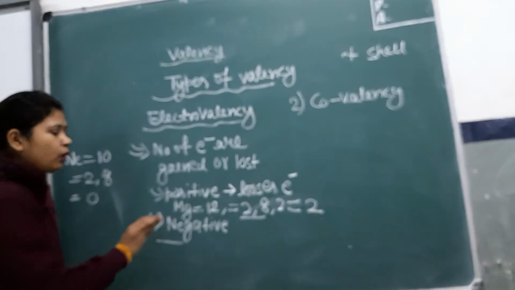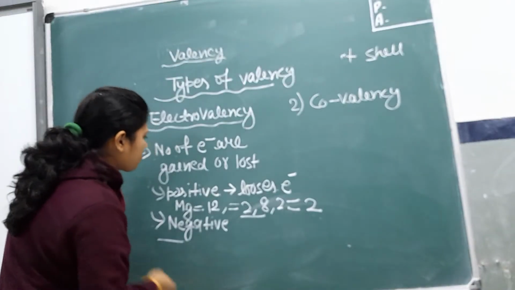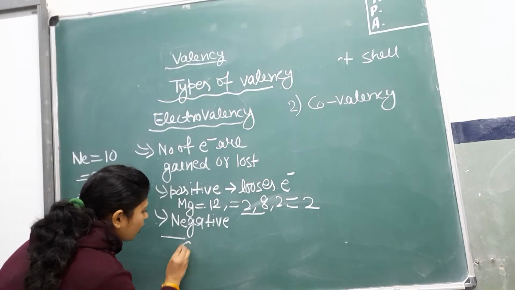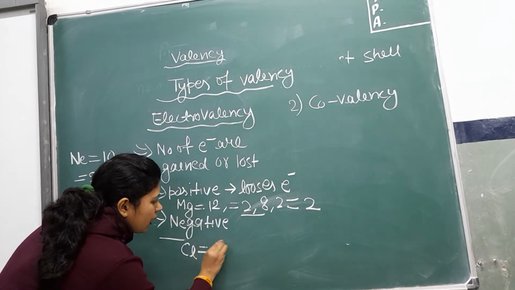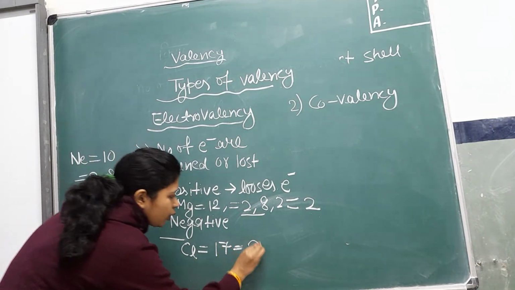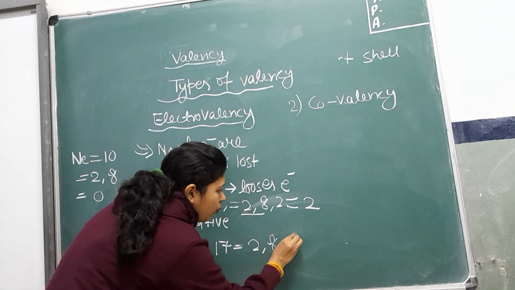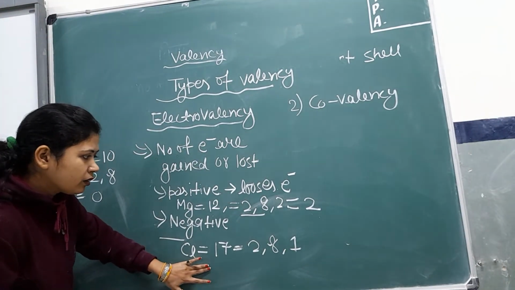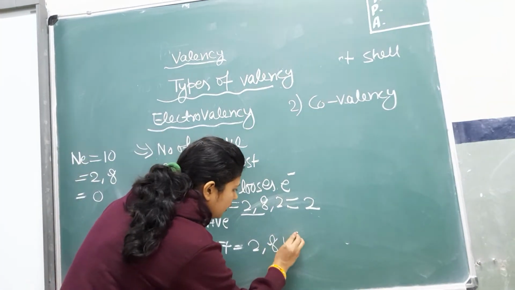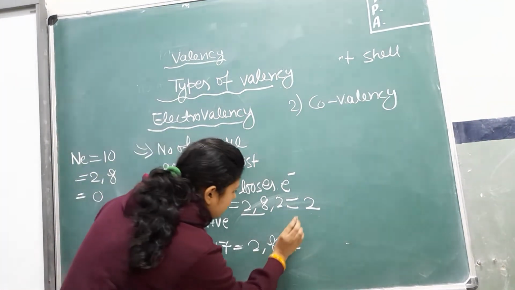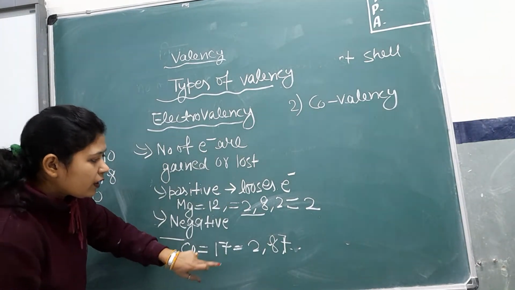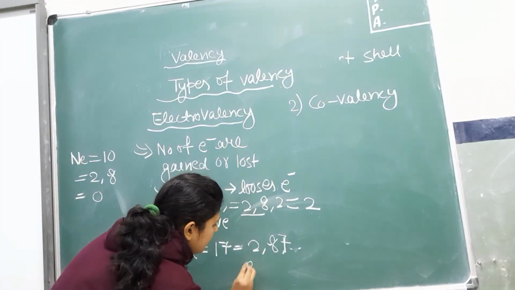Now, we will talk about negative electrovalency. For example, chlorine, atomic number 17, which is 2, 8 and 7. Here, the chlorine will gain 1 electron.